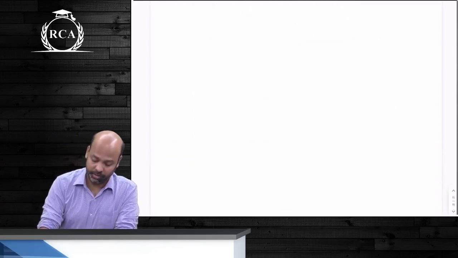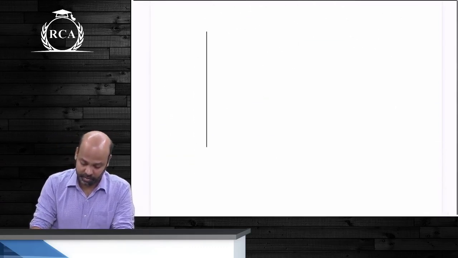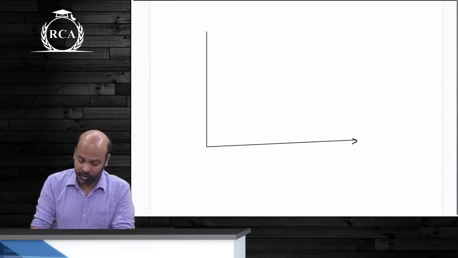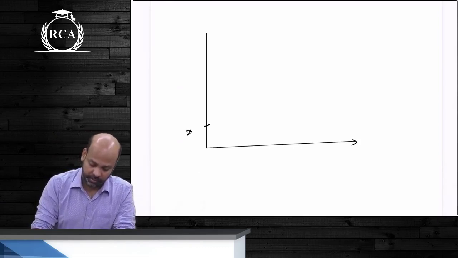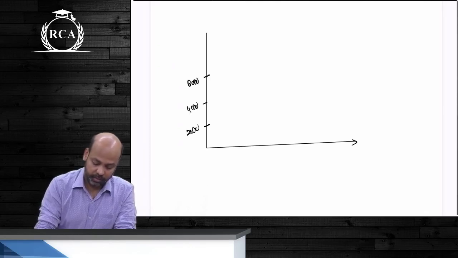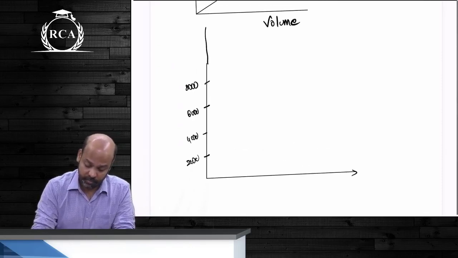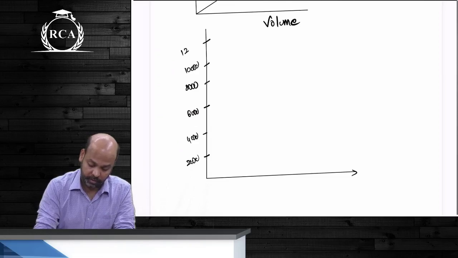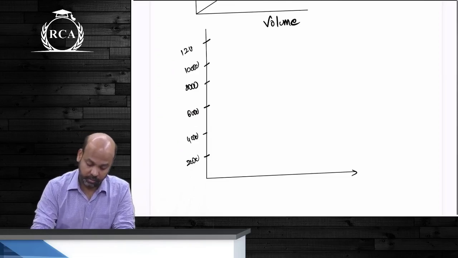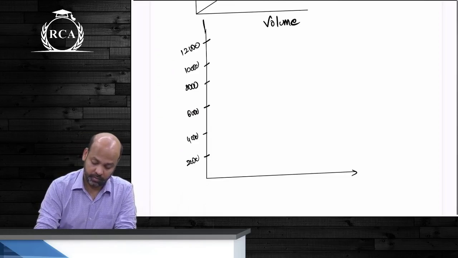That is the graphical method. Now in our example, beta, let's take a scale of, say, 2,000 rupees. You have 2,000, 4,000, 6, up to 12,000, guys, and 14,000.